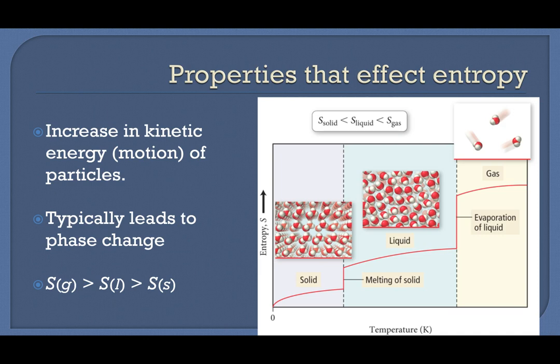Those particles that are on the hot end of the spoon are going to want to disperse. They're going to want to spread out. So they're going to start traveling up the end of that piece of metal, trying to find a place to spread out into. Well, eventually they will spread so far that they'll reach your hand and it'll start to feel warm. So increasing temperature increases the motion and it makes things messier.